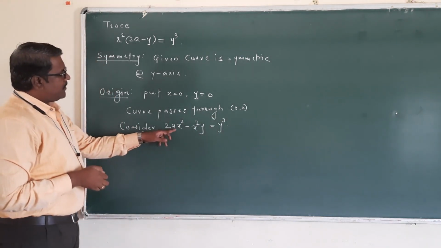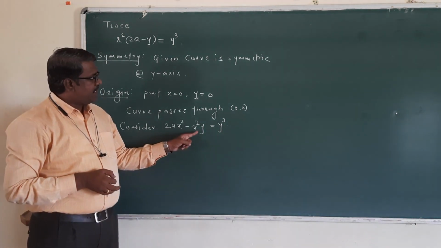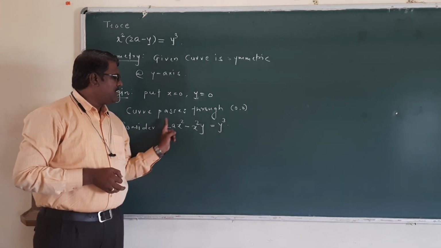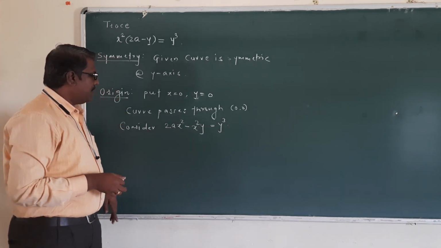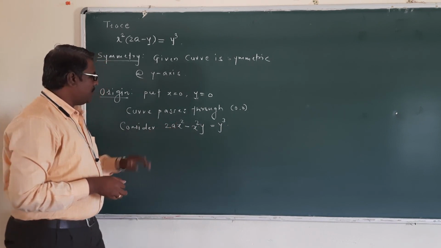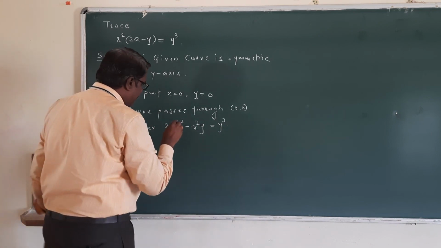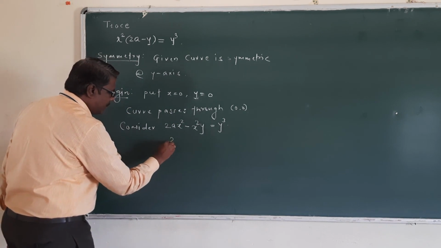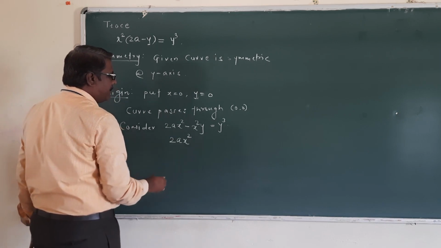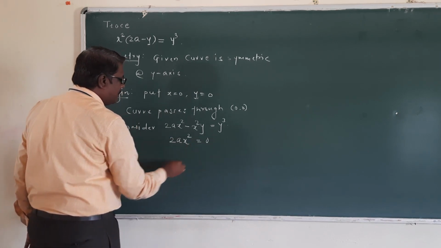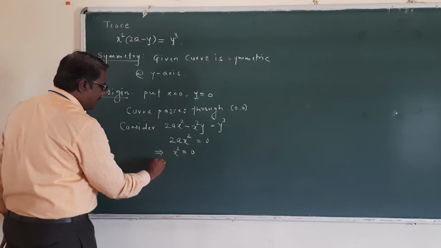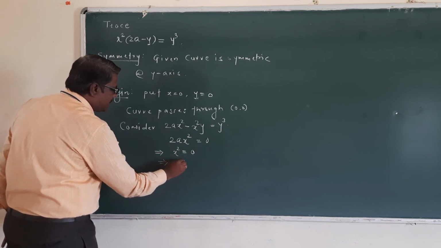Here for the first term the degree is 2, for the second term the degree is 3, and for this term the degree is 3. So the lowest degree term is only the first, and if I equate this lowest degree term to 0, we get 2ax square is equal to 0, which implies x square is equal to 0, and this implies x is equal to 0.